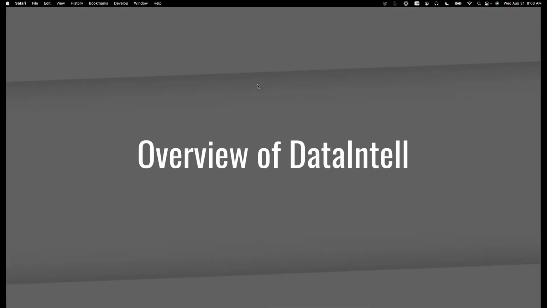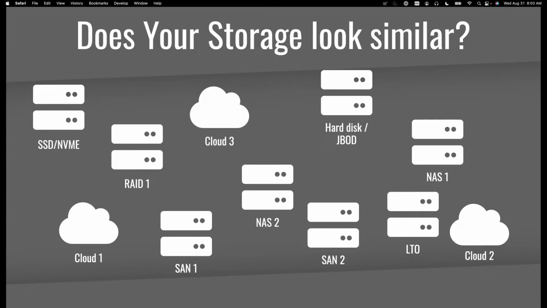I'll start with an overview of DataIntell. From our experience in the last couple of years, we started to see a lot of infrastructure with multiple storages from multiple vendors, with data scattered in multiple locations: on-premise, in the cloud, and in archives.